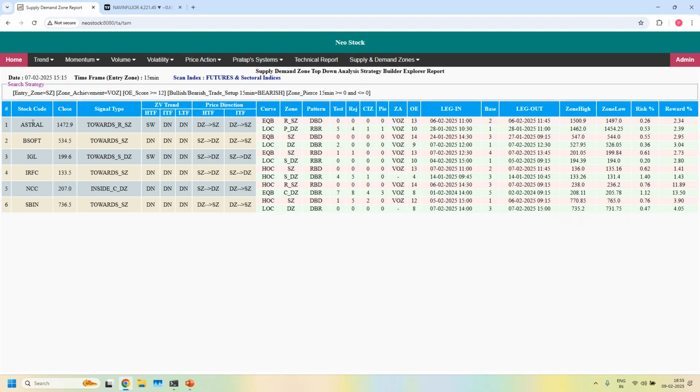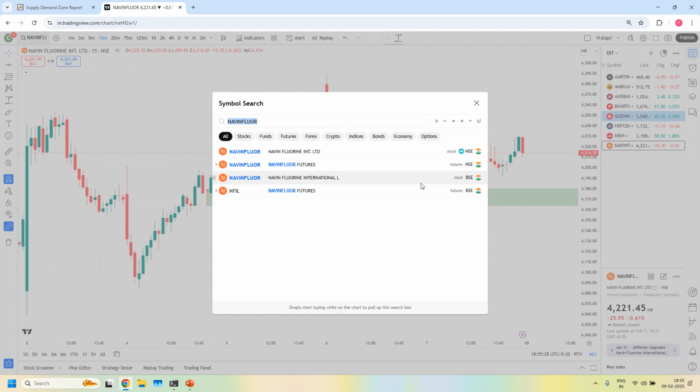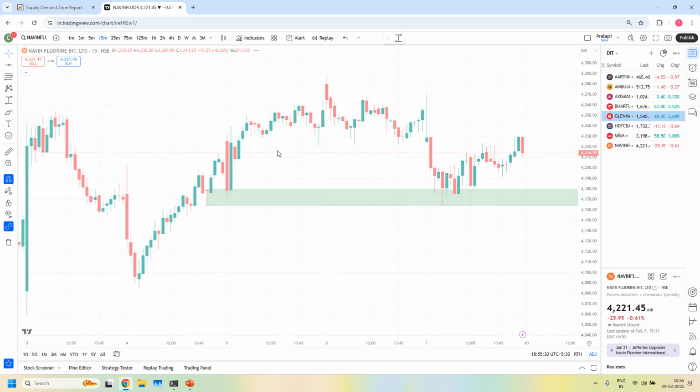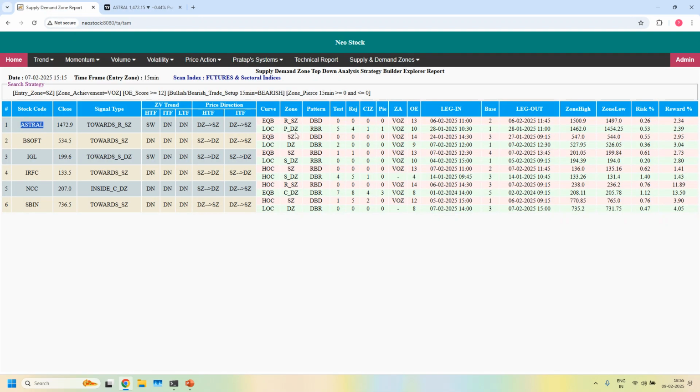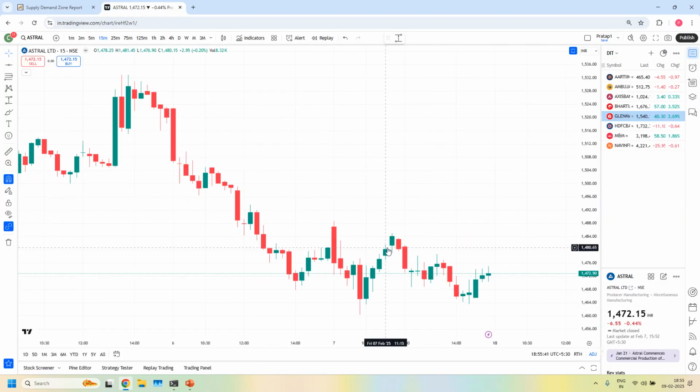So now let me draw these supply zones one by one. First Astral. This is a high liquidity zone, Astral. When it was created, 6th February at 11 o'clock, 2 base candles and drop candle.